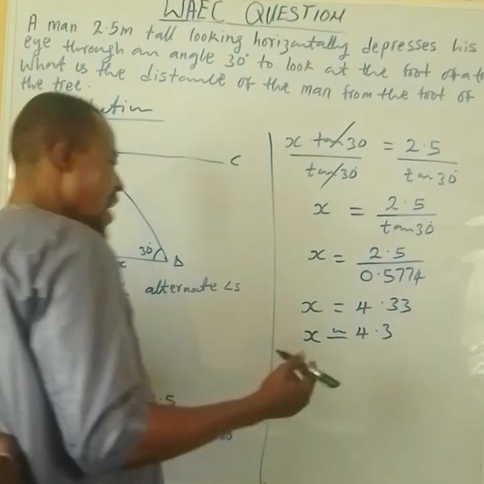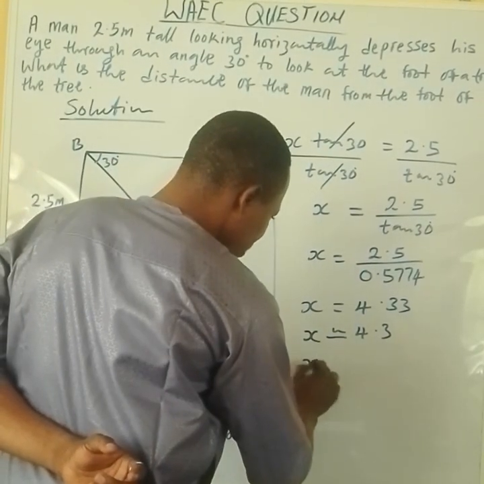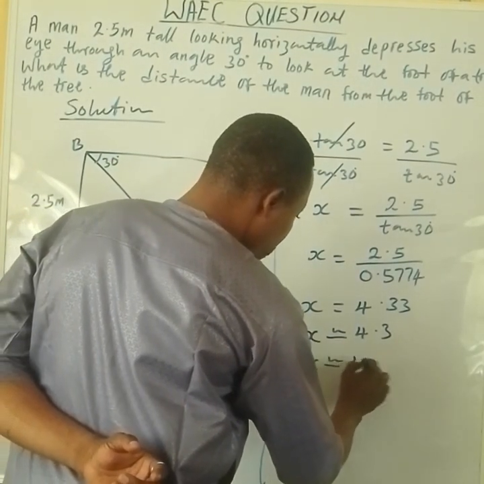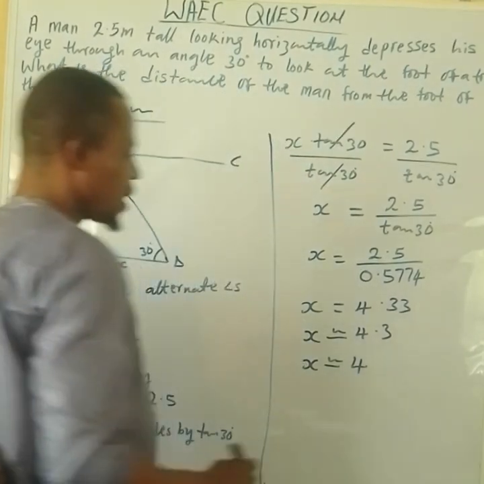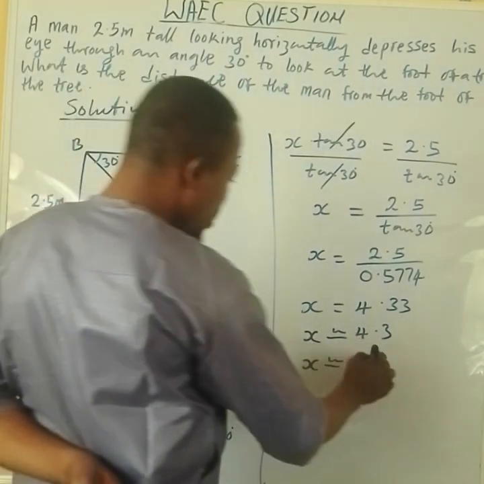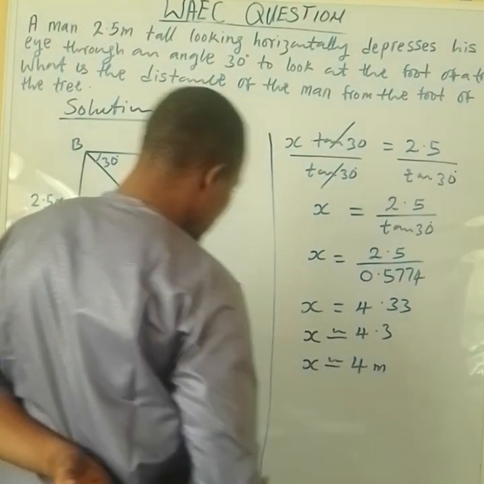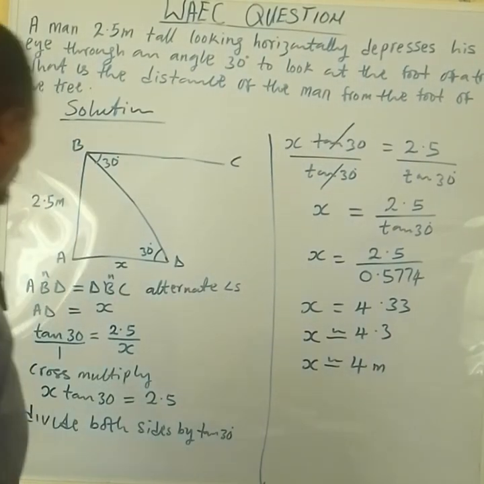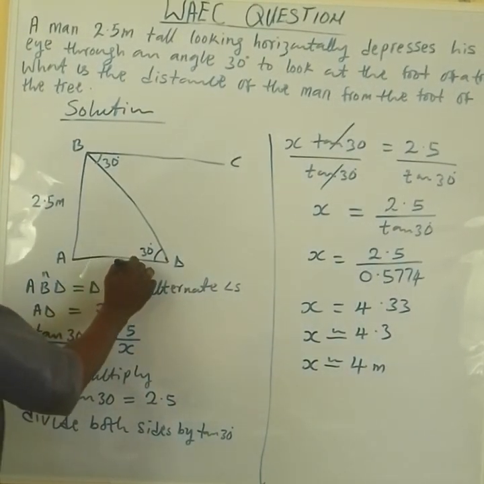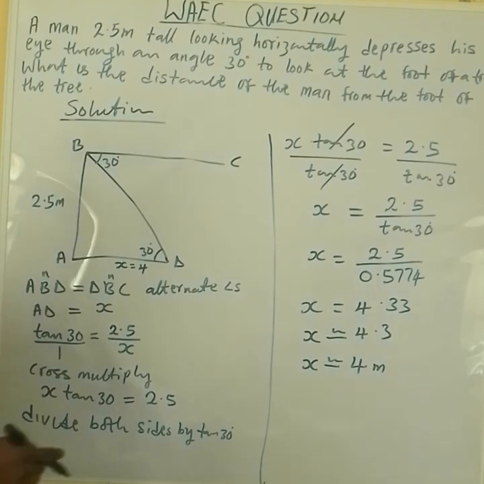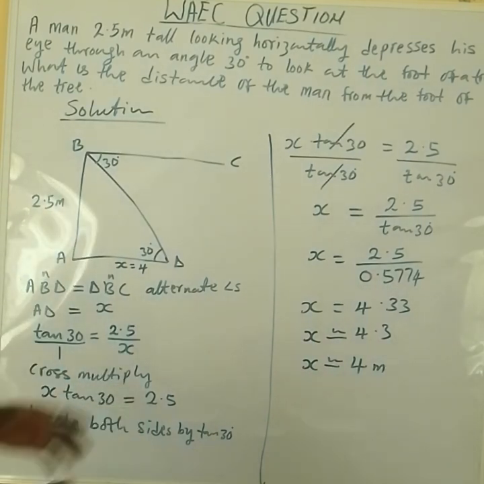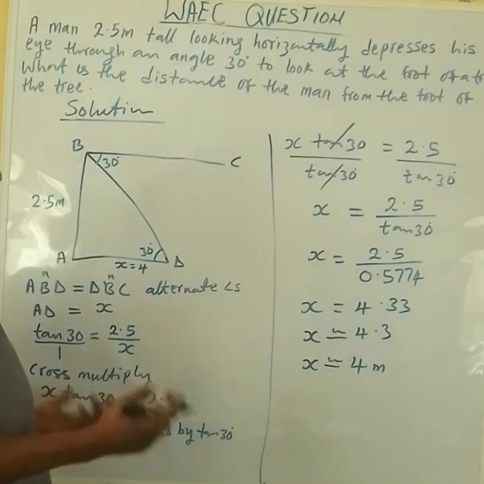And if it is nearest whole number, X equals 4. Are we together? The unit we are working with is meters. So X equals 4 meters, and that's the distance of the man from the foot of the tree.